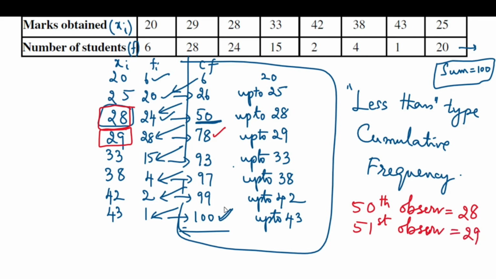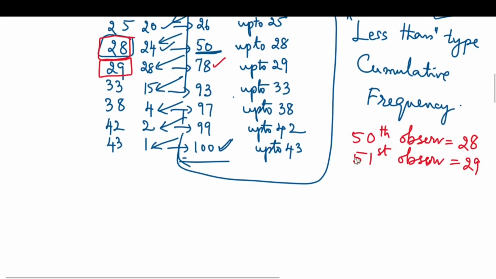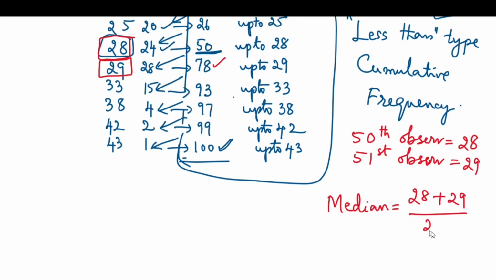By taking the cumulative frequencies, we are able to locate 50th observation and 51st observation. There are two middlemost values. We have to take the average of these middlemost values to find median. So median is equal to average of these two values, 28 plus 29 by 2.